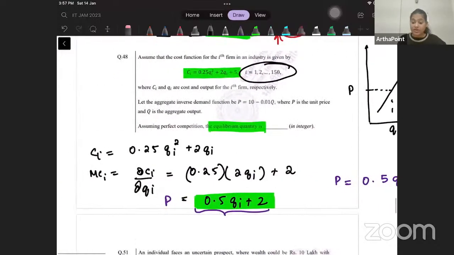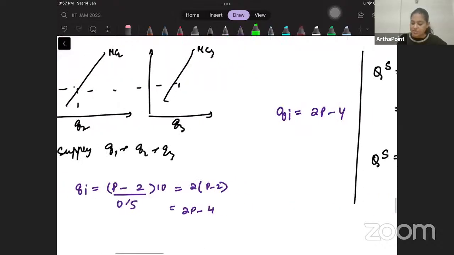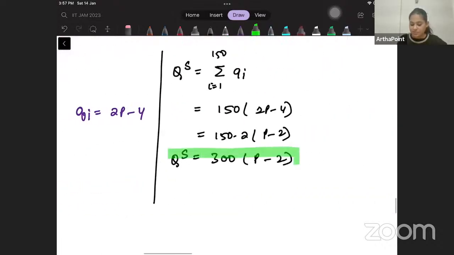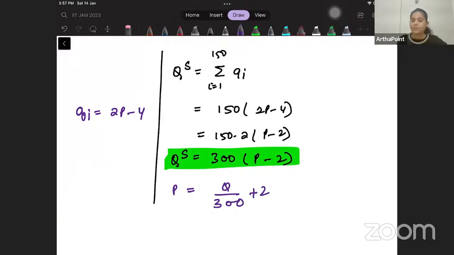You also have a quantity demanded function from here. Equate demand to supply, get the answer. So quantity supplied is this. Let's find P from here. P will be Q by 300 plus 2.